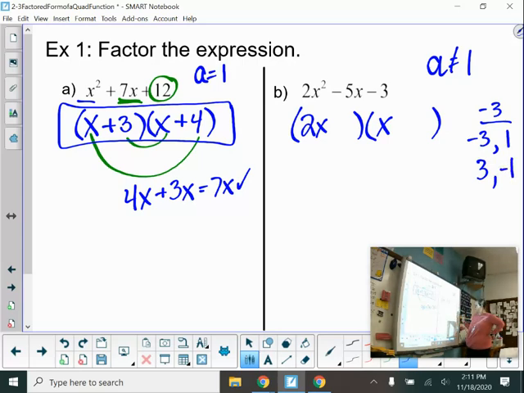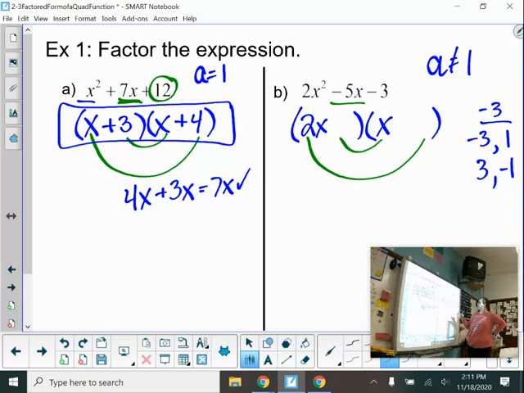And I need to use the appropriate ones to make sure my O and I terms, the outer and the inner, add to make a -5. So if I think about this, whatever number is here is going to be multiplied by the 2. Whatever number is here is going to be multiplied by the x. Well, I know if I multiply a 3 by a 2, I get a 6, and that's kind of close to a 5.